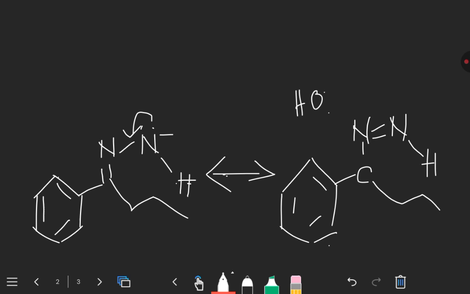So what my hydroxyl is going to do is to grab this hydrogen here. Then once it grabs this hydrogen, it is going to take the electrons to this nitrogen.